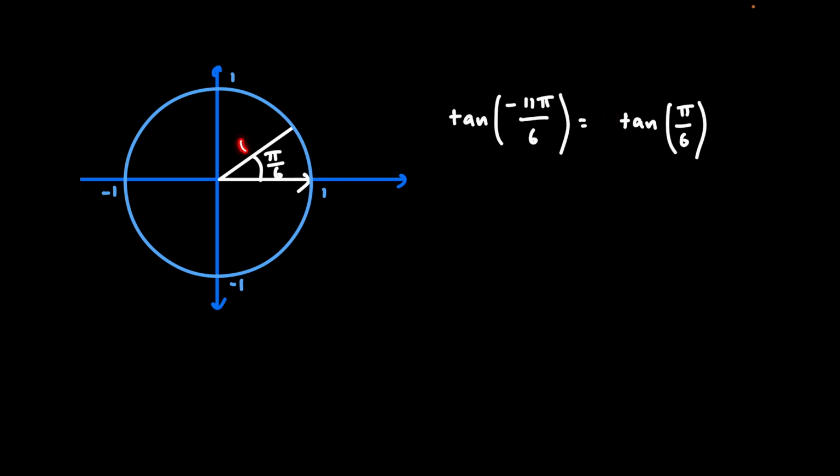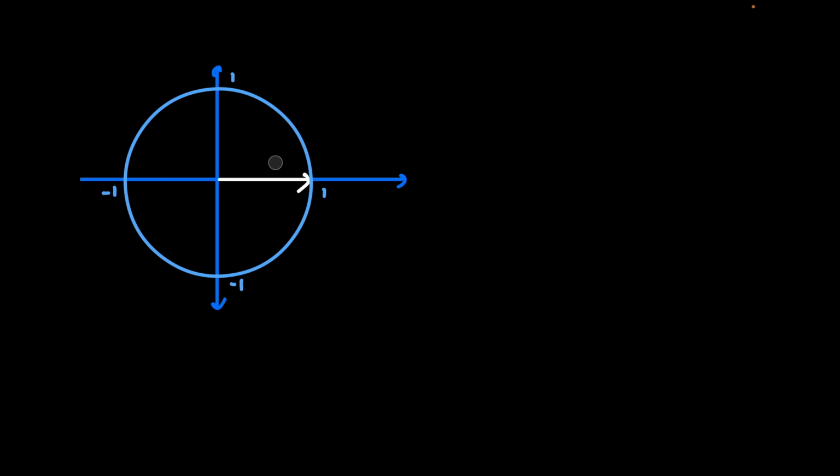Well, we can see A, S, T, C. All of them, sine, cos, and tan, are positive in the first quadrant. Because our angle is in the first quadrant, we can just say it is positive. Therefore, tan of negative 11 pi on 6 is the exact same as tan pi on 6, which is the same as square root 3 over 3.